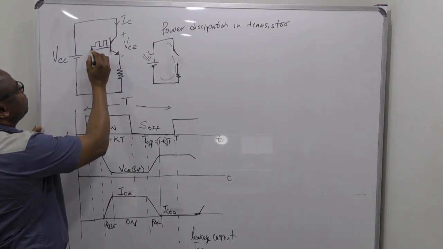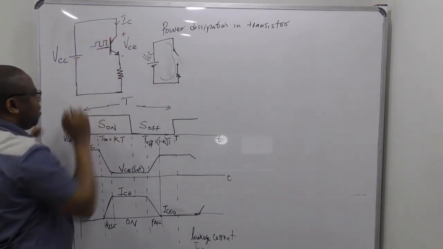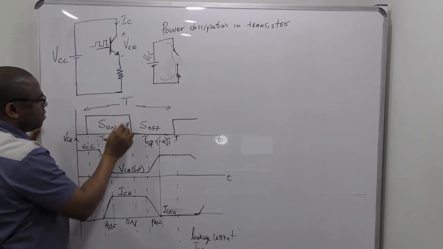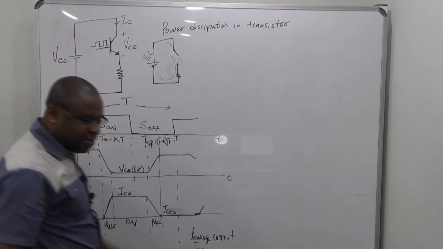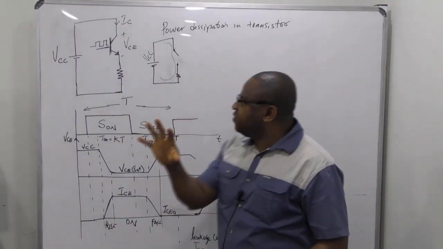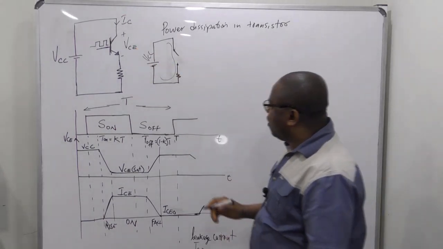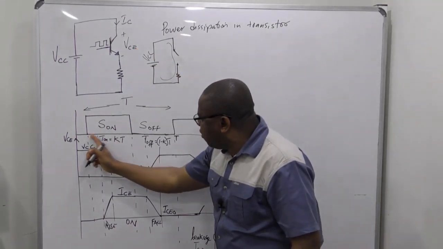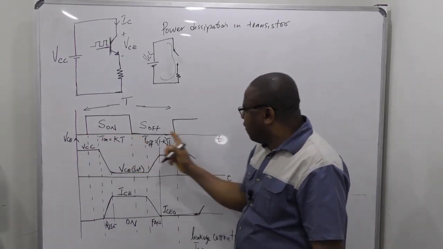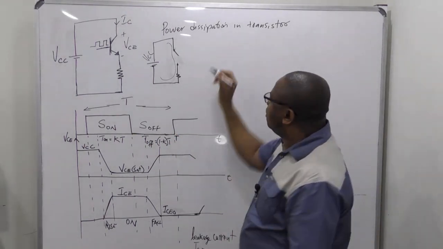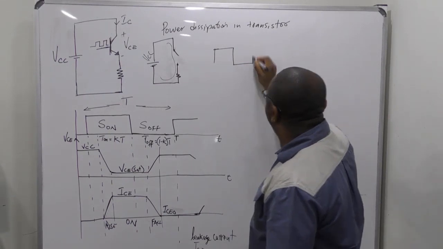Now this is a signal going into the base to be able to switch this on. So it's 1, 0, 1, that is on, off. As we switch this on and off, from the time of on, plus the time of off, that gives you a period. So you have a period, on, off, before another on.